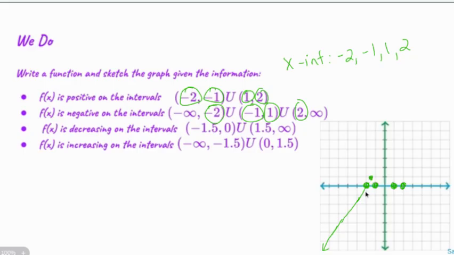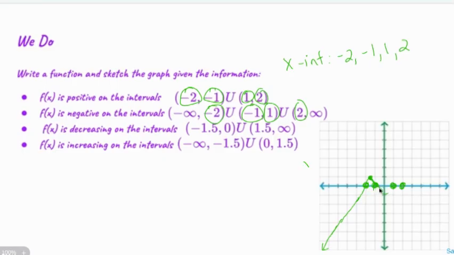We'll keep it relatively close. From -1.5, we're increasing, and then we decrease. Well, we decrease from -1.5 to 0. And then we have to change directions again until 1.5, and then we decrease the rest of the way.